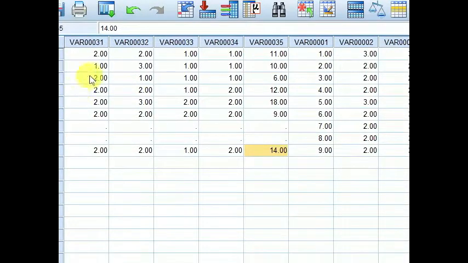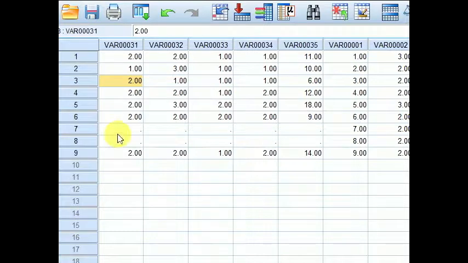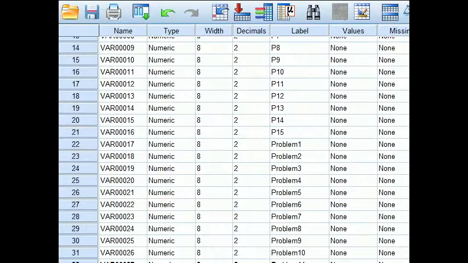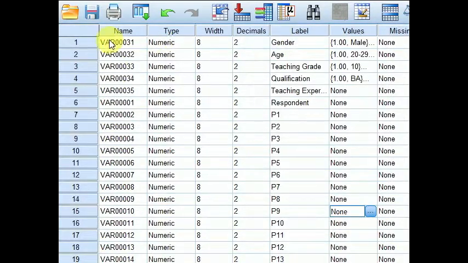So this is what I'm going to do. I'm going to show you how the whole SPSS thing works, just to prove to you and your guys that I can do this, alright? This is the SPSS screen, the data view and the variable view. The variable view contains pretty much all the variables: gender, age, teaching grade, and all that.